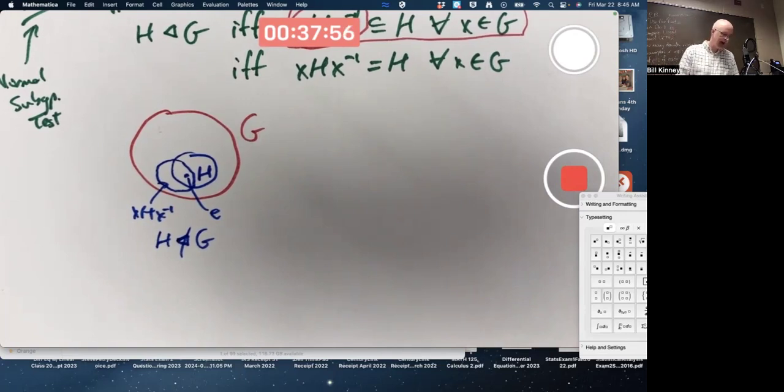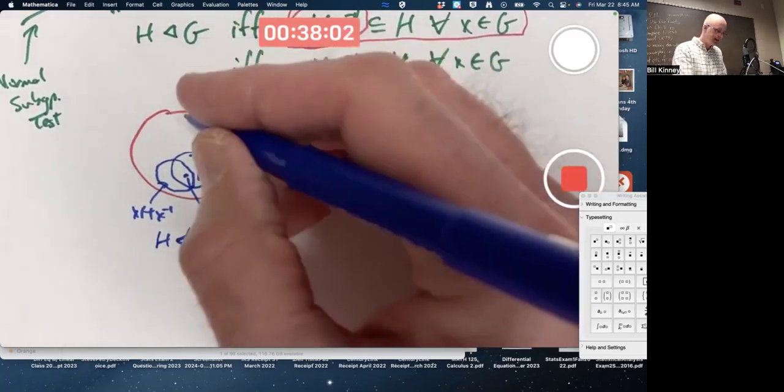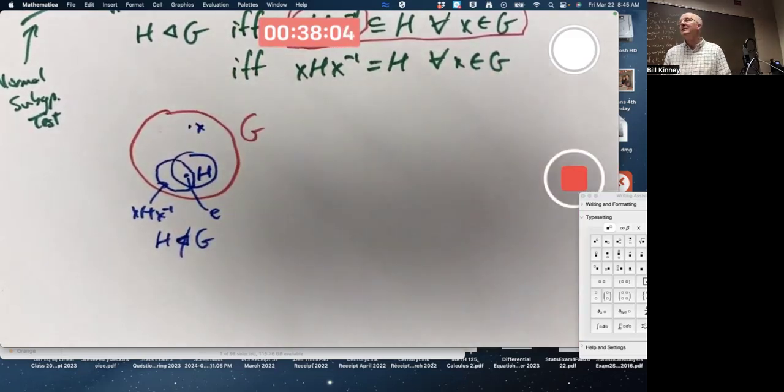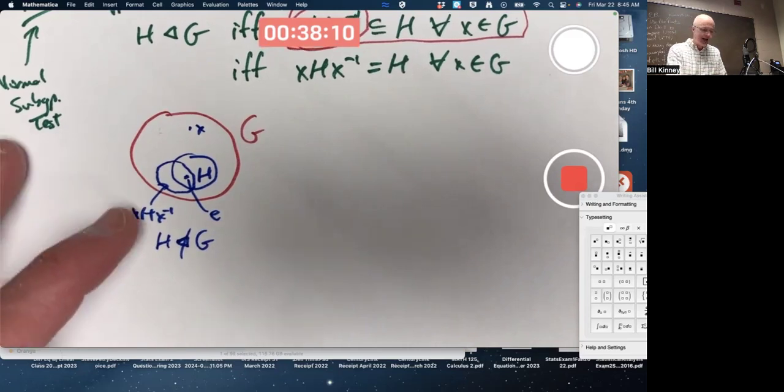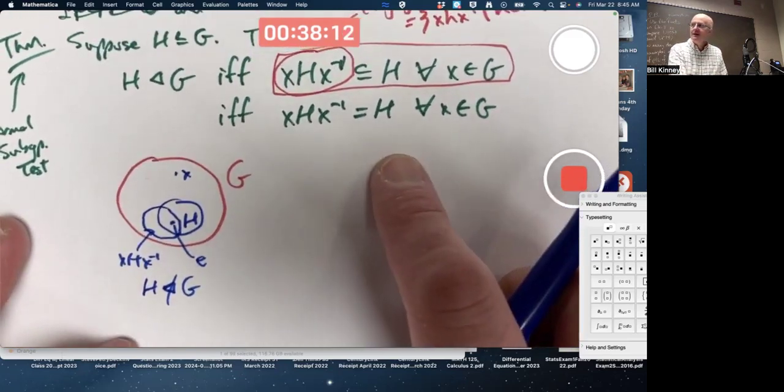If there was some x where that was the picture, then H would not be normal in G. But if for every x, and who knows where x is, x could be over here, if for every x this conjugate subgroup actually, in the end, equals H, that will mean H is normal in G.